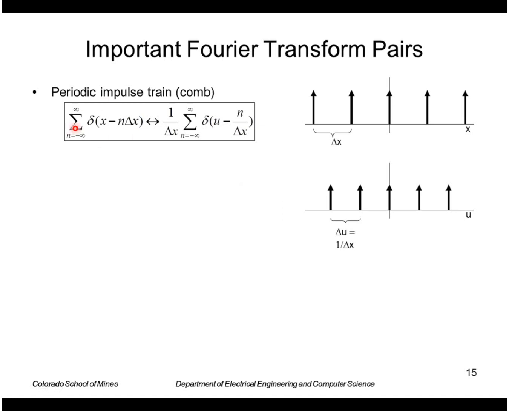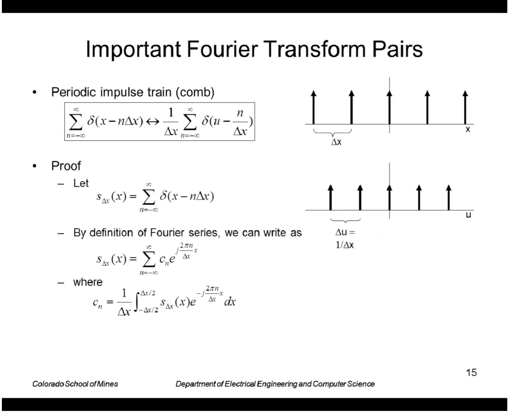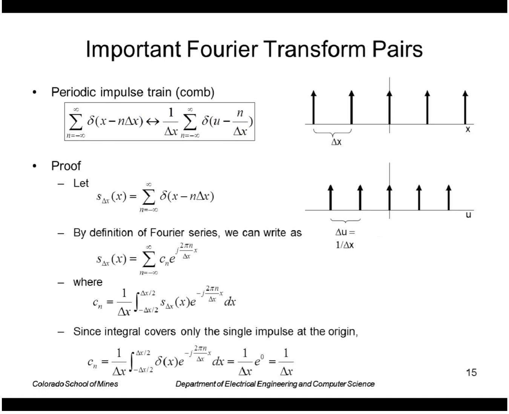It's a summation of impulses separated at delta x. So that transforms to a comb function separated by intervals of 1 over delta x. So the wider this spacing gets, the narrower this spacing is. And just showing the proof here, I won't go into that.